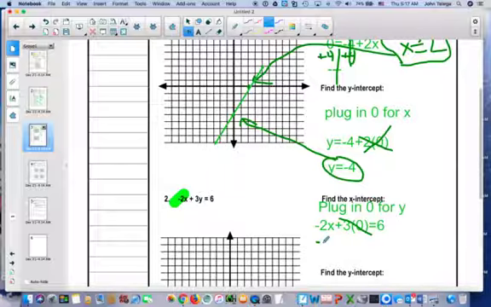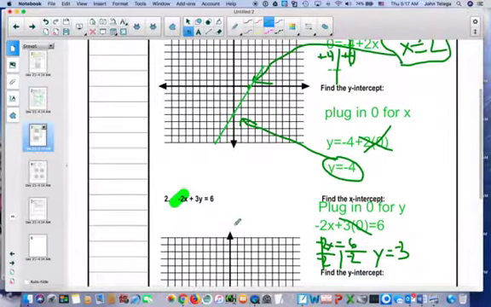And so then this is negative 2x equals 6. Right? I'm going to divide by negative 2, sorry, cancels. I got a y over here, and then 6 divided by negative 2 equals negative 3.